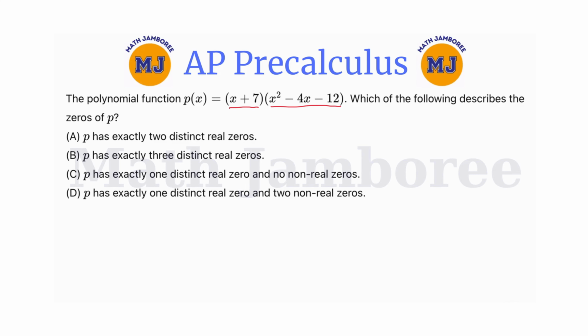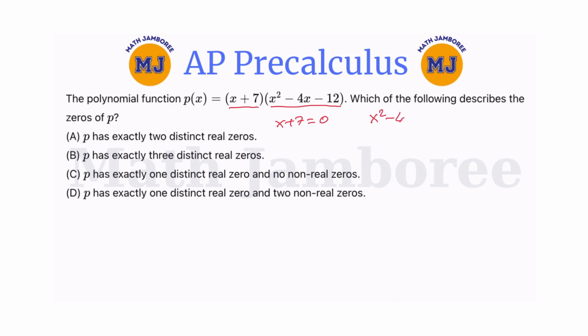So x plus 7 equals 0, and the second one is x squared minus 4x minus 12 equal to 0. If I take away 7 from both sides, x becomes negative 7 for this one.